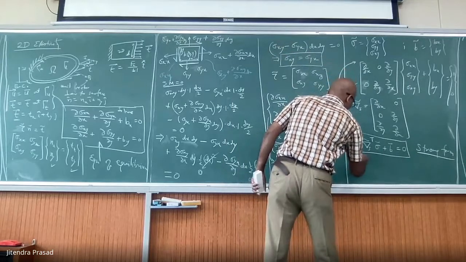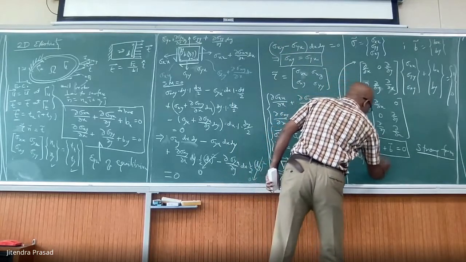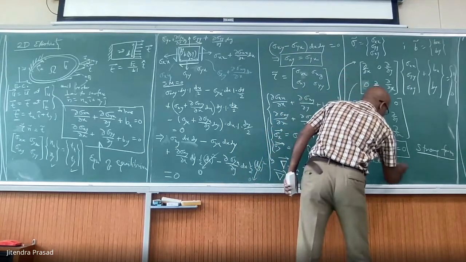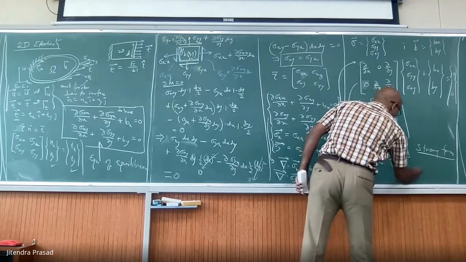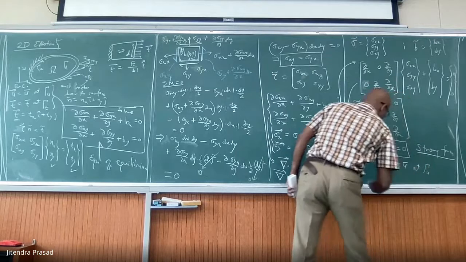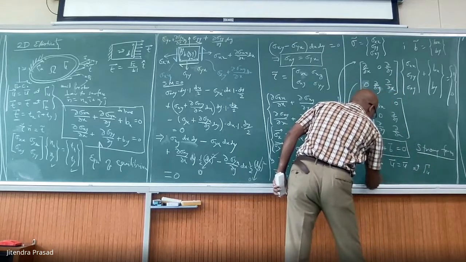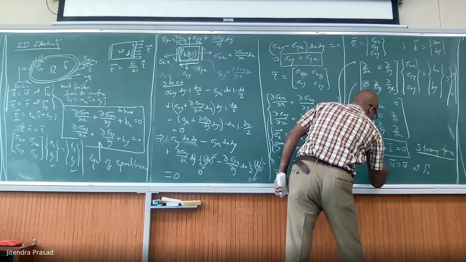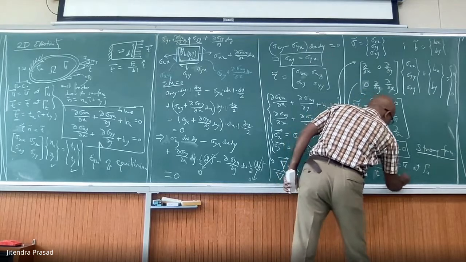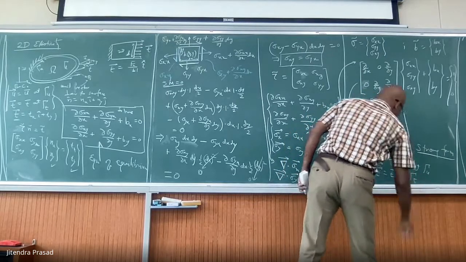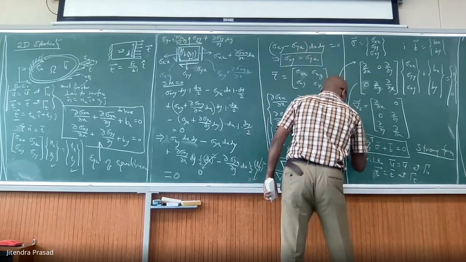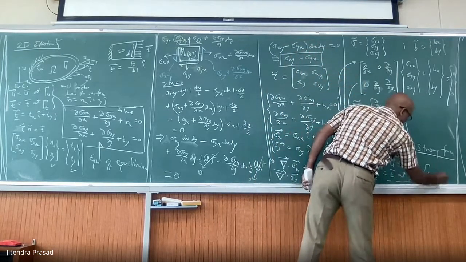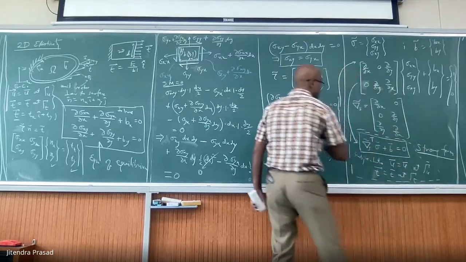Of course, you write subject to u equal to u bar at gamma u, and t equal to t bar at gamma t. So this is the whole structural problem that we need to solve.